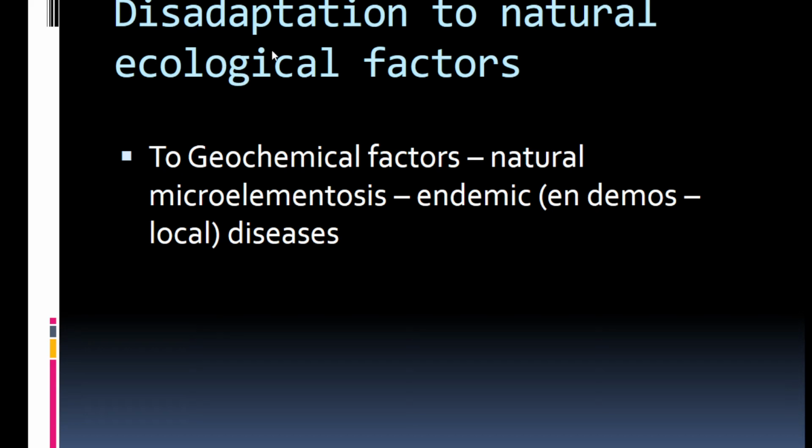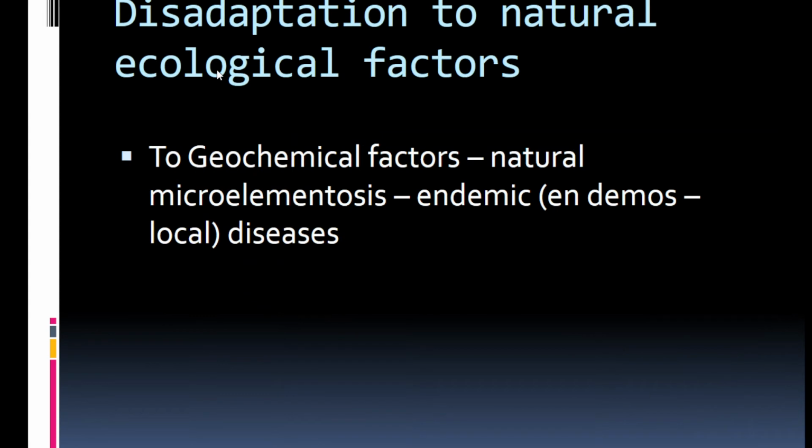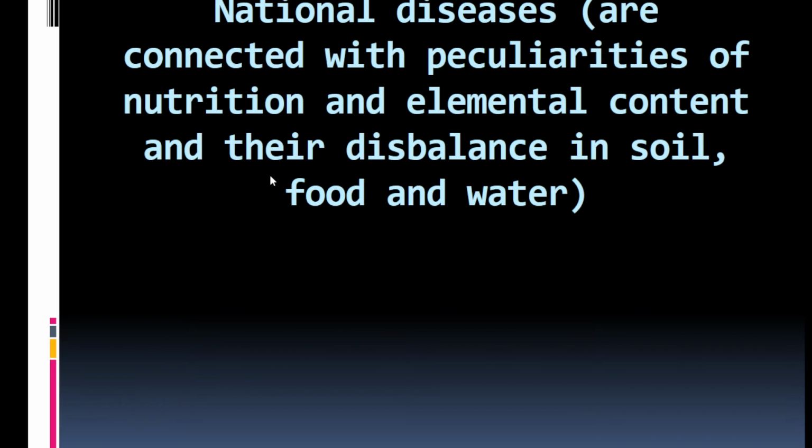But it needs to be said that in this case we have the influence of natural factors such as biotic factors, because infections have a biotic nature. But we have very many different diseases as a result of disadaptation to geochemical factors, and in this case you can speak about natural macroelementosis. In this case, we have endemic diseases, because endemos means local diseases in different loci of the surface of the Earth.